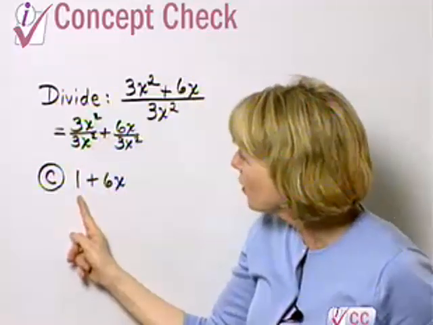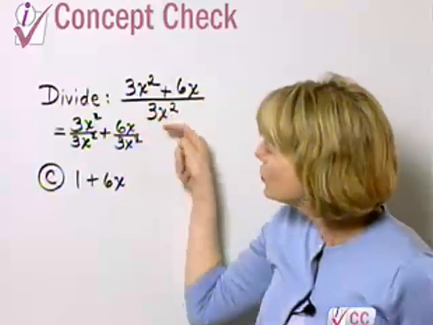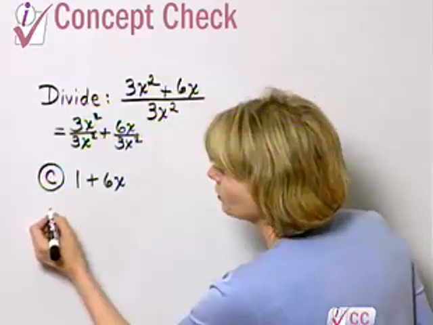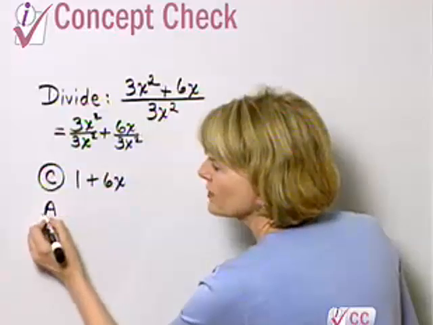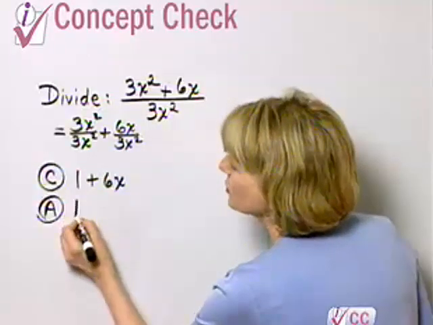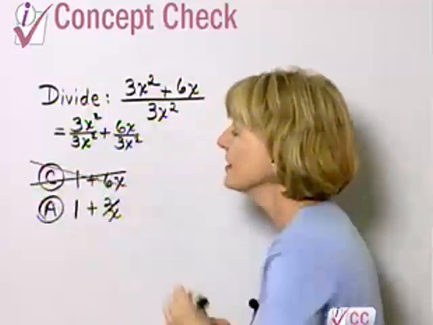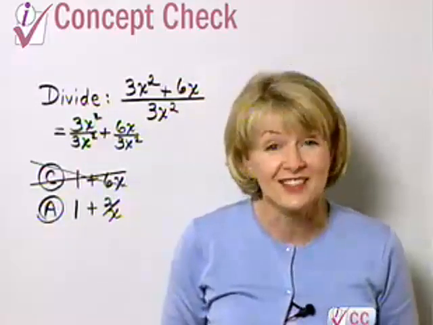This is 1, but this is 2 over x. That second term simplifies as 2 over x. The correct choice is choice A, which is 1 plus 2 over x. C is incorrect, A is correct.